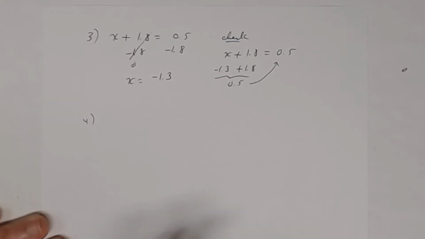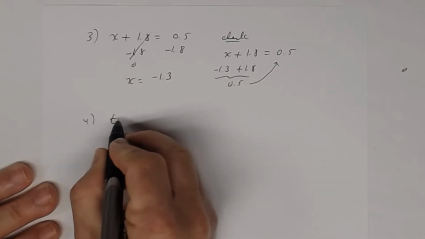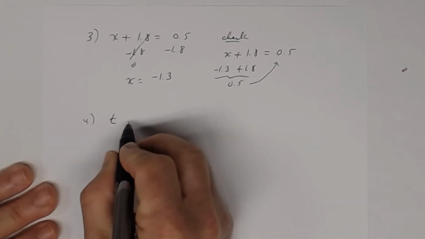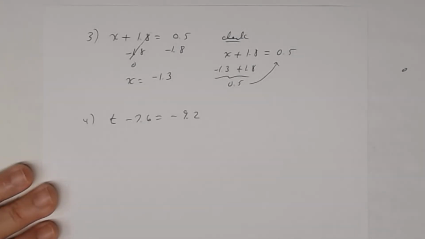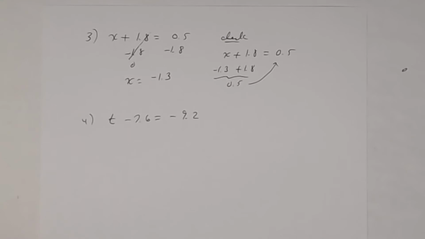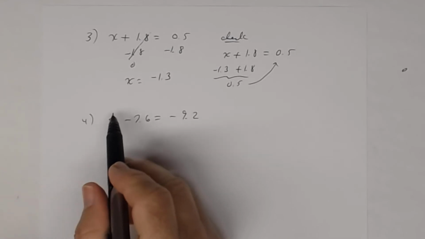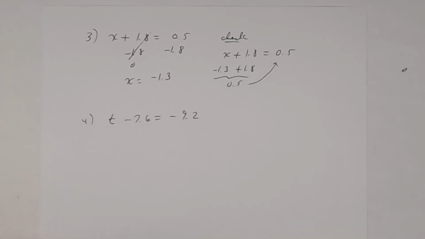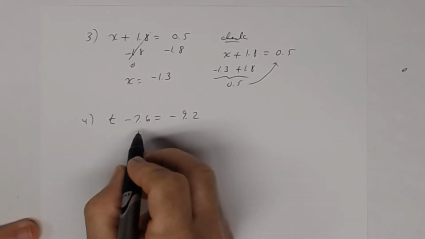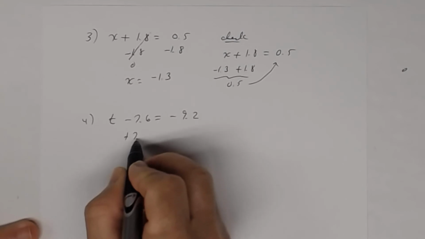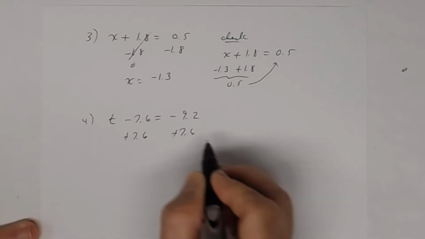So number 4, we have t, that's the variable t, minus 7.6 equals negative 9.2. Okay? So we're dealing with a linear equation. It has a variable t, but it's raised to the first power. I want to get it by itself, so I want to solve this. Right now I'm subtracting 7.6, so I'm going to add 7.6 to both sides, just like this.